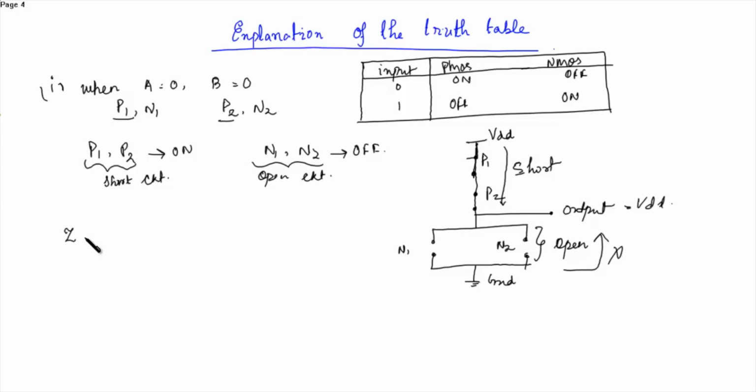So here Z is VDD, or you can say this as high voltage, or you can represent it as 1. So when A is equal to 0 and B is equal to 0, the output Z is 1.